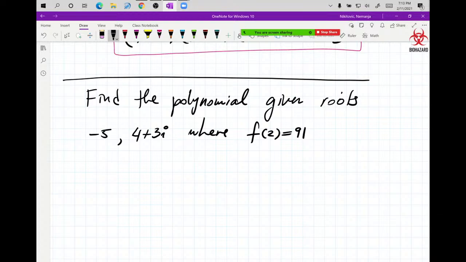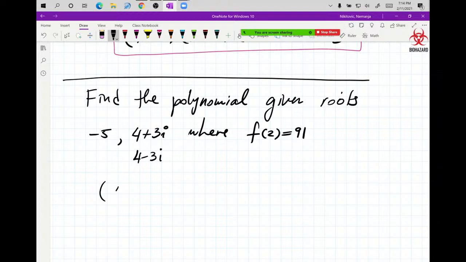So anytime you see a complex value as a root, you instantly know that the opposite one is there, even if it's not written. Oh, I see. So what's the other one? It says if z equals a plus bi, then the conjugate is a minus bi, so 4 minus 3i. Beautiful. There you go.